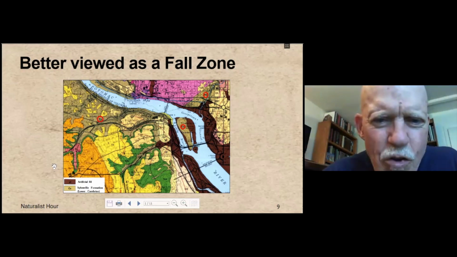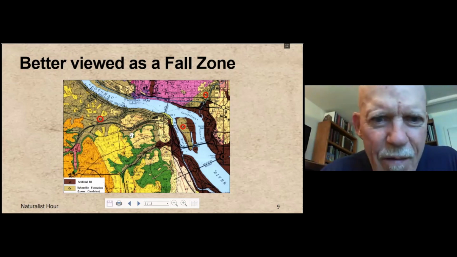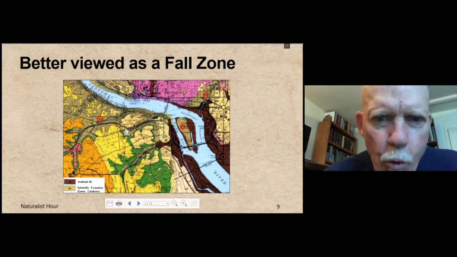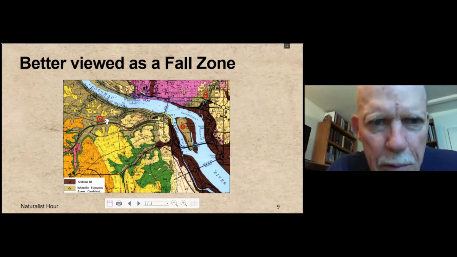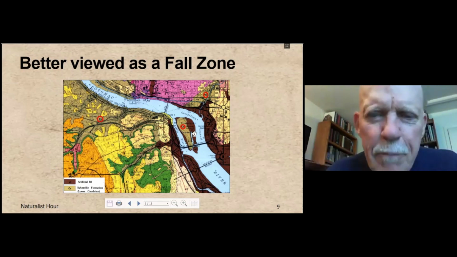But you have to realize that the boundary is fractal, and there's portions of the coastal plain material going up into the Piedmont, and then there's extensions of the Piedmont down into the coastal plain area.